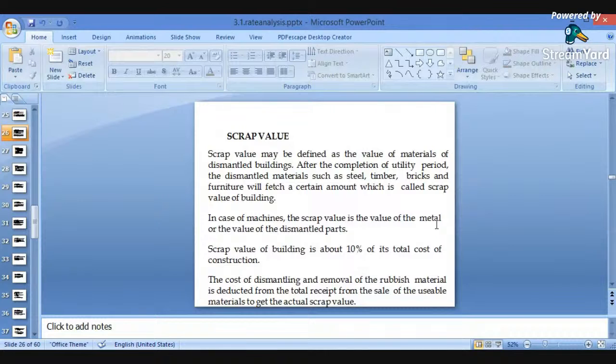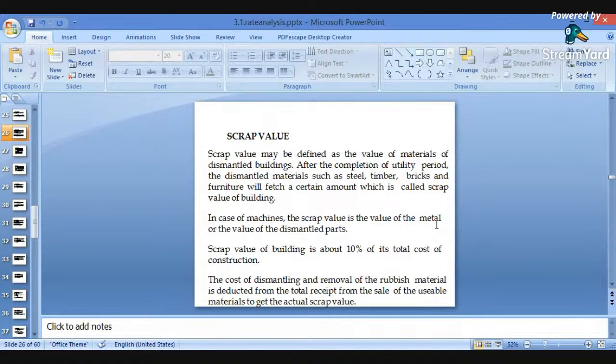Another important term related to value is the scrap value. Scrap value may be defined as the value of the material after dismantling.